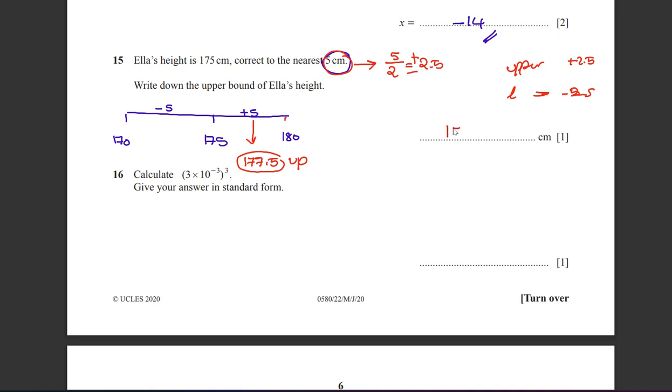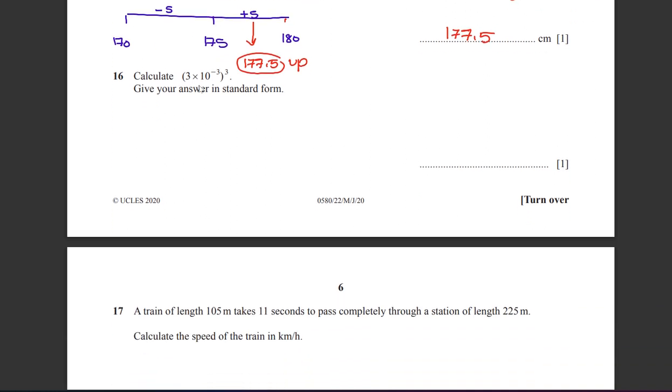Here he is telling me to calculate this number. So I will distribute it like this. It will be 3 power 3 multiply 10 power negative 3, all power 3. So this will be 27 multiply by 10 power negative 9. But he needs it in the standard form.